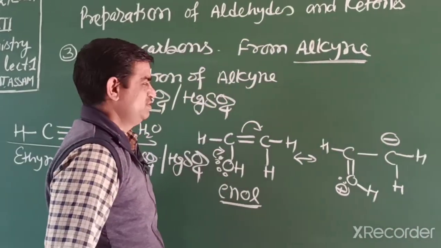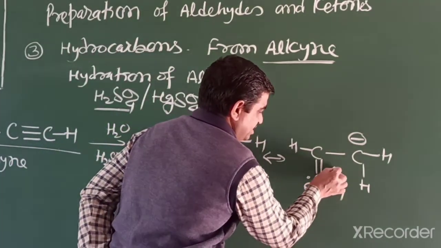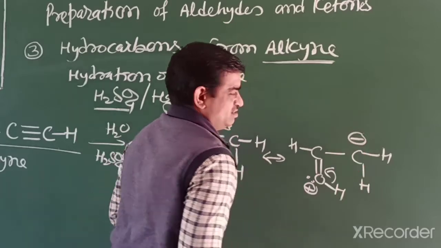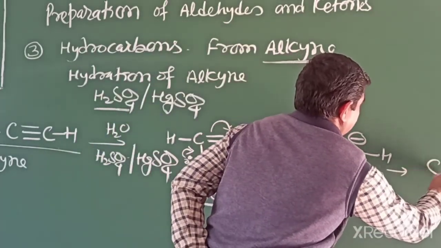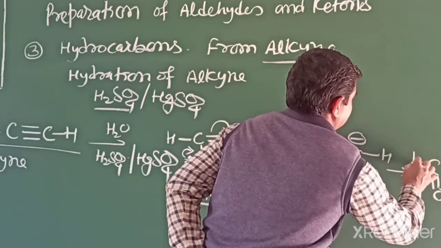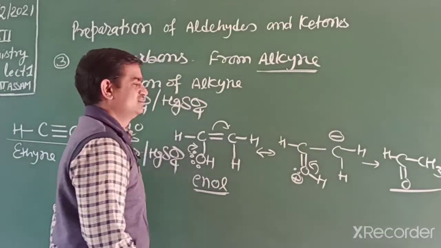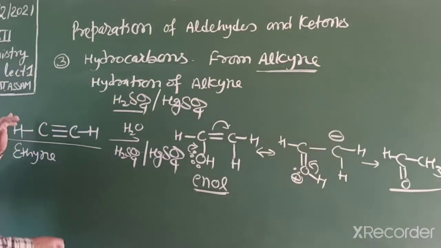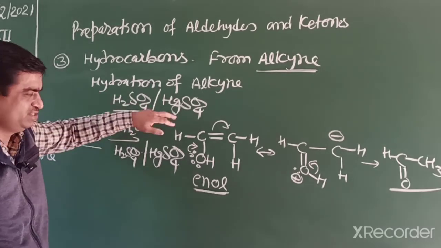After that, the oxygen removes this electron and hydrogen is abstracted by the nearby carbon. So the product we get in this reaction is aldehyde. It means if 1 mole of ethyne adds water on the triple bond, then OH and H.